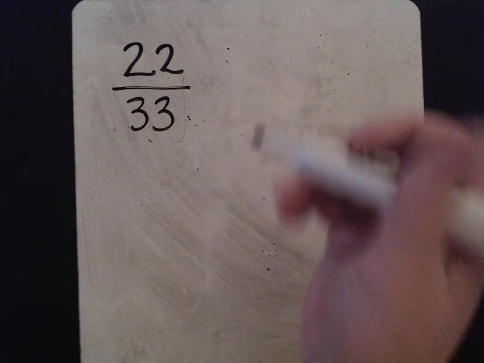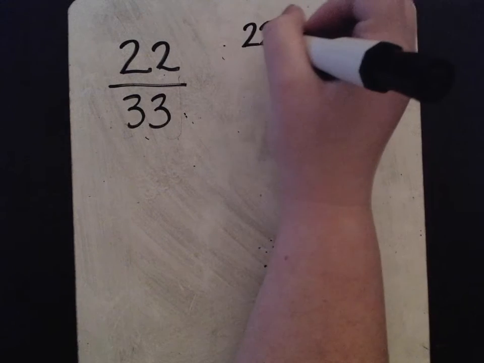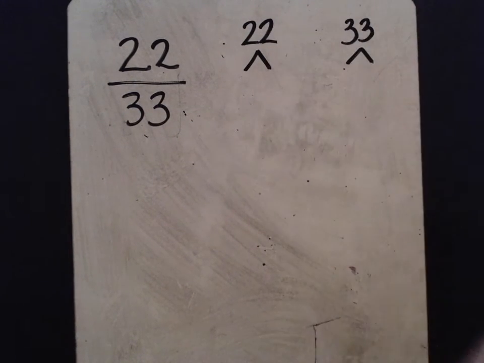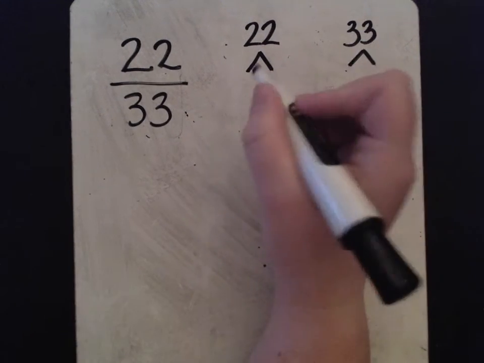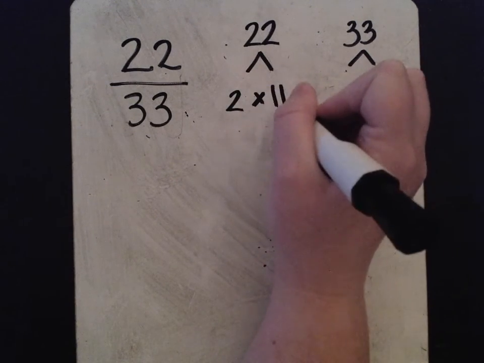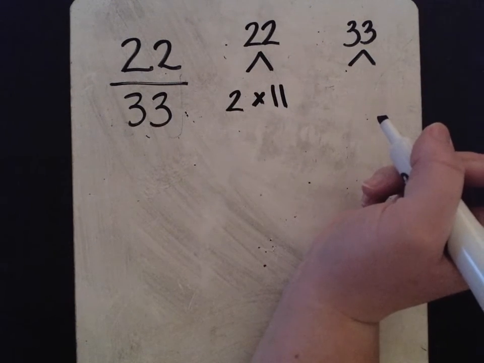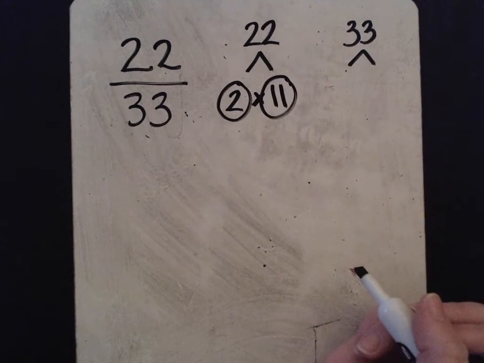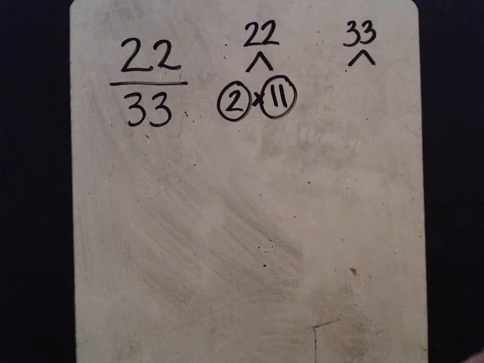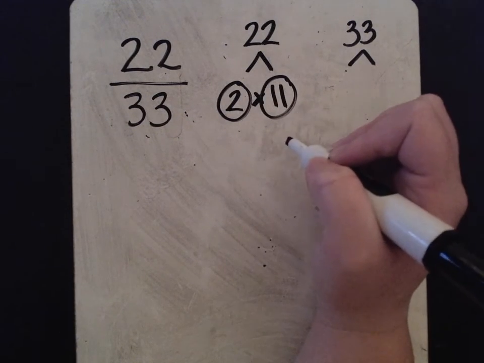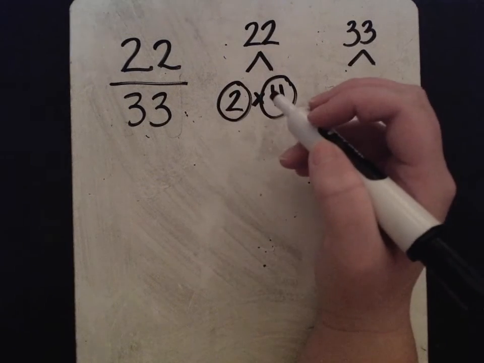So I'm going to set up my factor trees for 22, my numerator, and 33, which is my denominator. So for 22, I can break this down into 2 times 11. And then I'm going to circle both of those numbers because that's as far down as I can break them apart. The only other factors of 11 is 1 times 11. Same thing with 2. It's just 1 times 2.